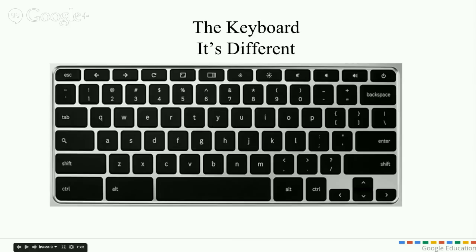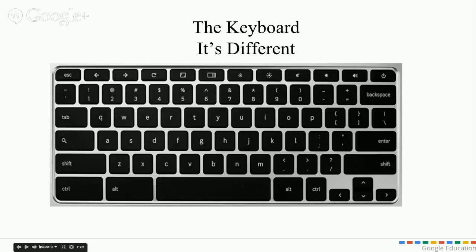In addition, the keyboard on a Chromebook is typically different than what you see on a traditional laptop. In this picture, you can see that in the top row, you do not have function keys. Also, on the left-hand side of your screen, where you would see a caps lock key, you have a search key instead.